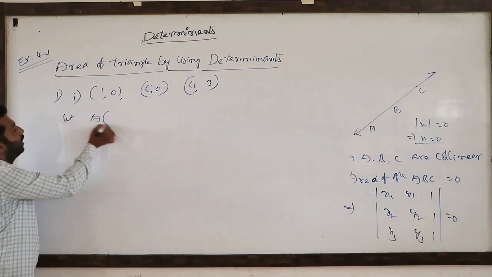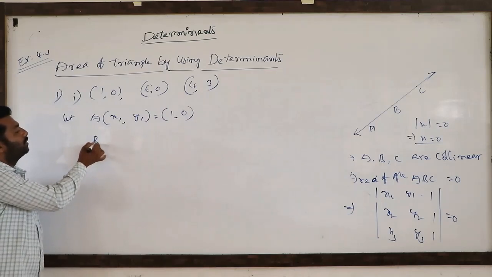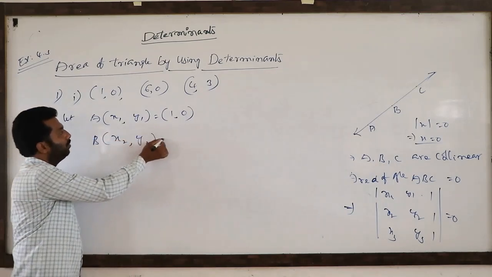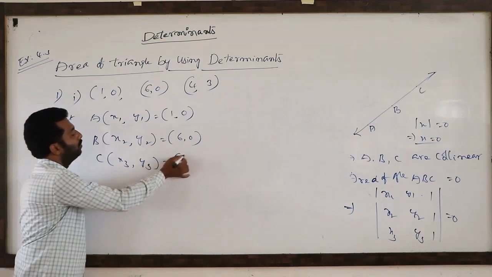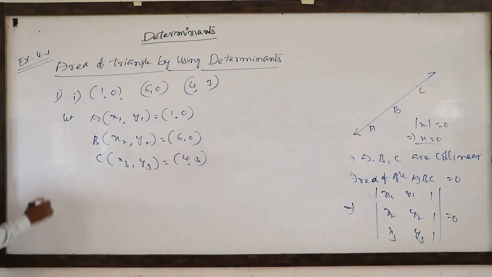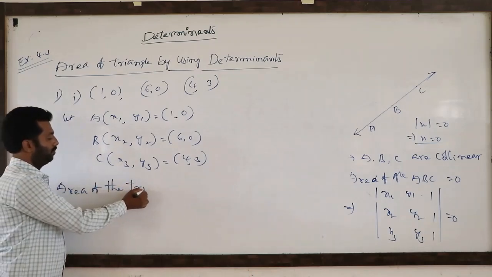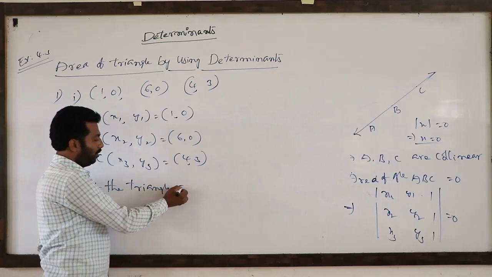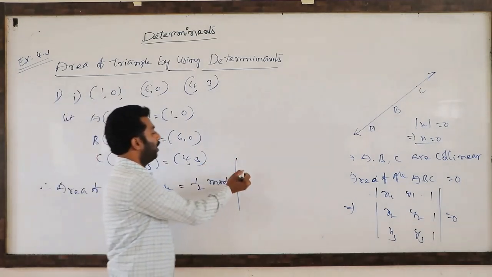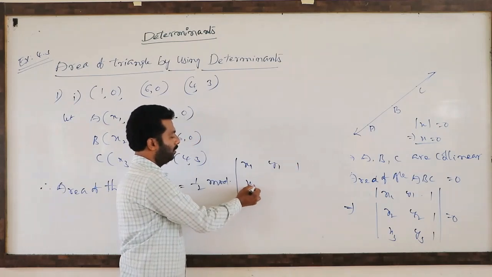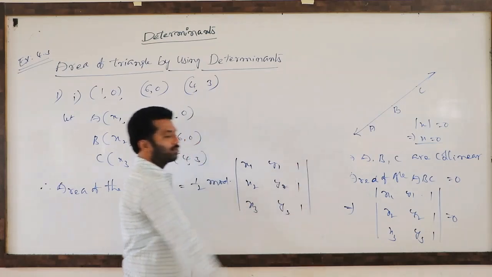So first we will assume x1, y1 equal to 1, 0. The second vertex x2, y2 equal to 6, 0, and the third vertex x3, y3 equal to 4, 3. Therefore, the area of the triangle equals half into modulus of the determinant of x1 y1 1, x2 y2 1, x3 y3 1 square units.